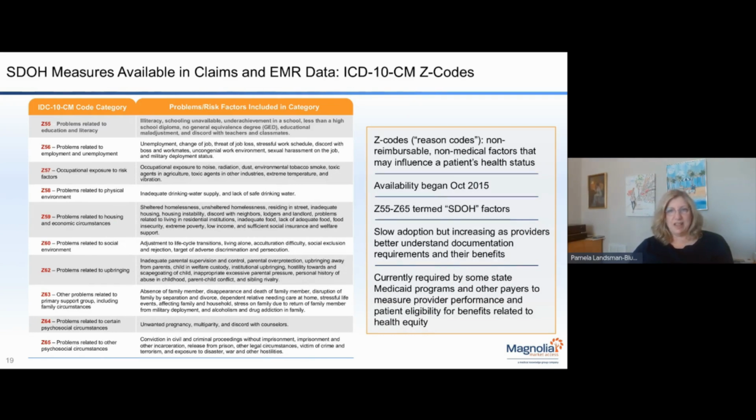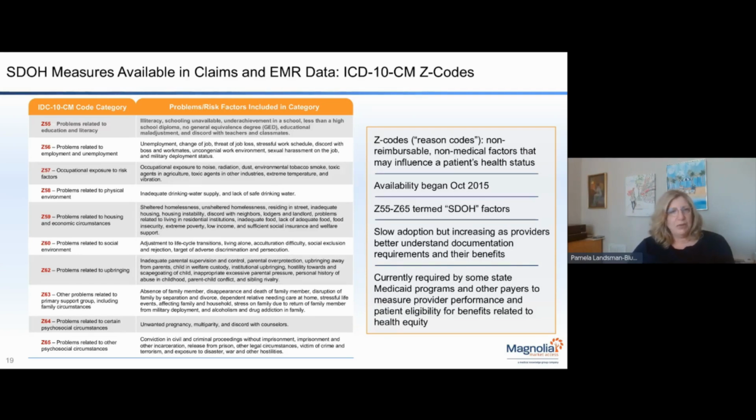Well, what about Z codes? So Z codes are what are termed reason codes. They're ICD-10-CM, so their availability began in October of 2015. They are non-reimbursable, non-medical factors that may influence a patient's health status.